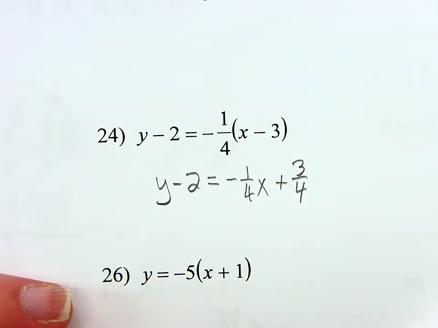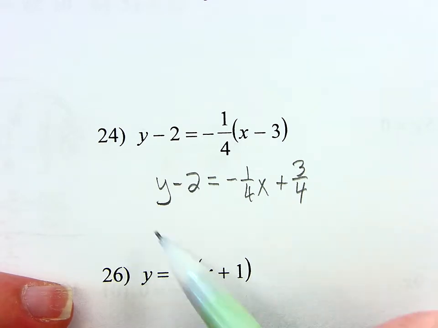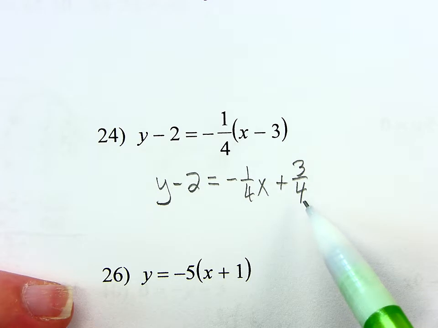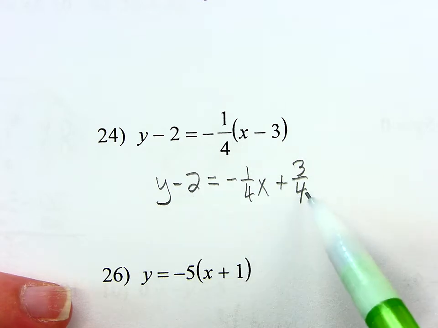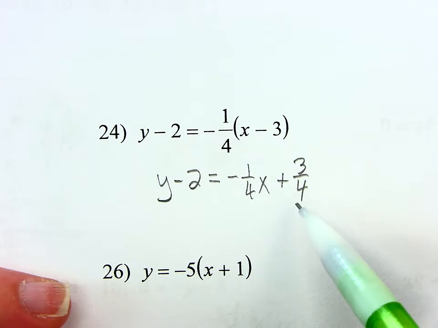I guess you could if you wanted, yeah. This actually isn't so bad though, because look at where I'm at. In order to get to slope-intercept form, all I have to do is add 2 to the other side. It's not that bad to add 2 and 3/4 together, because what do you get when you add 2 plus 3/4? 2 and 3/4.